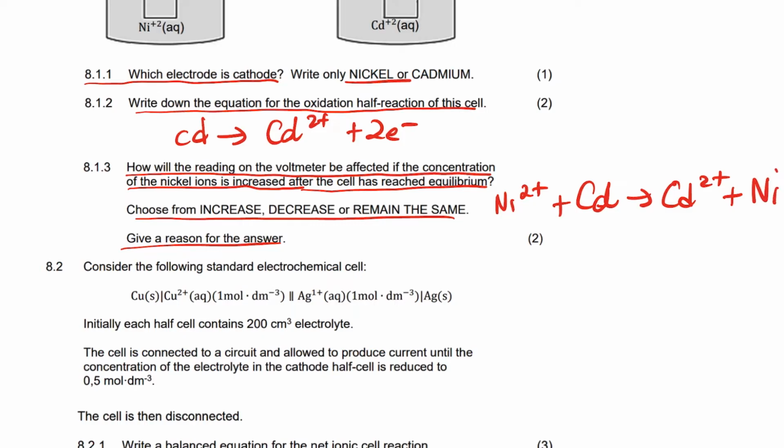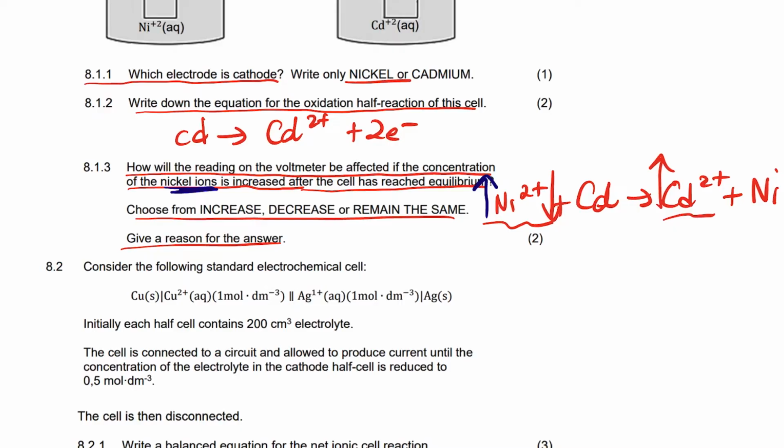Now it says the nickel ions are increased. When the nickel ion is increased, the system, according to Le Chatelier's principle, is going to decrease that. So the reactants decrease and the products increase, which means the cadmium ion is going to increase.